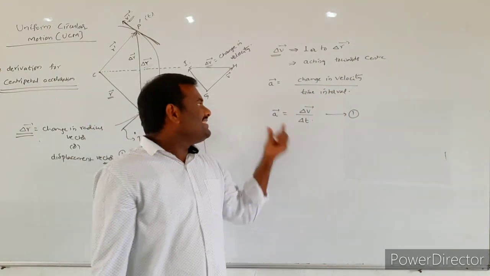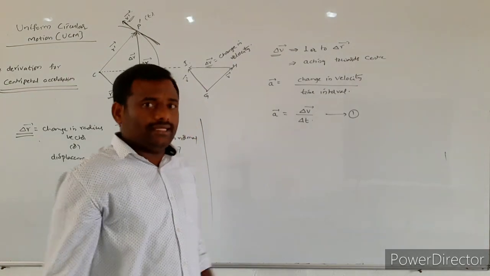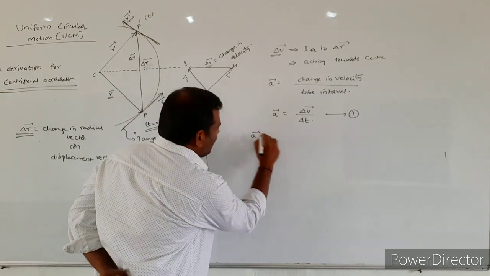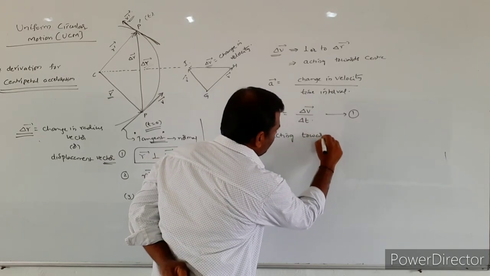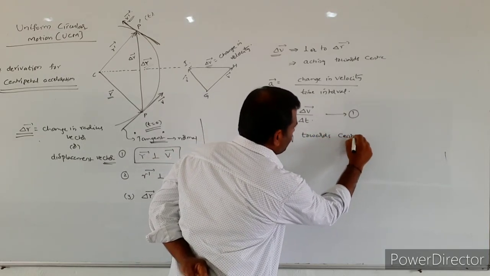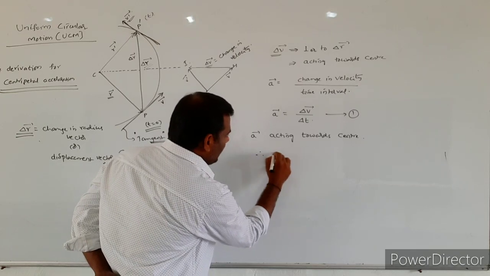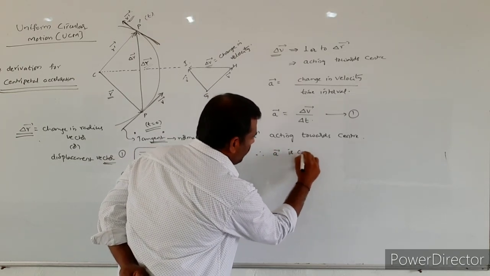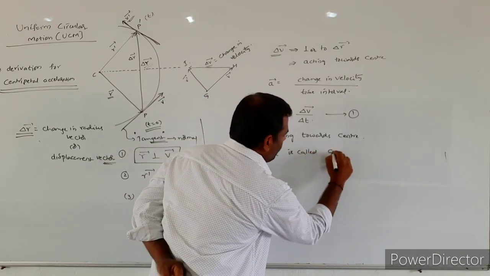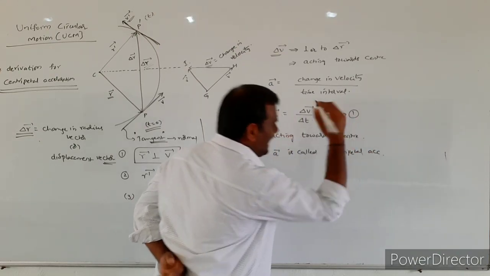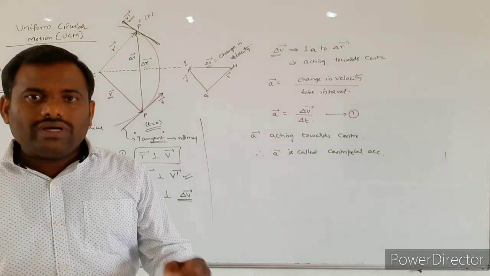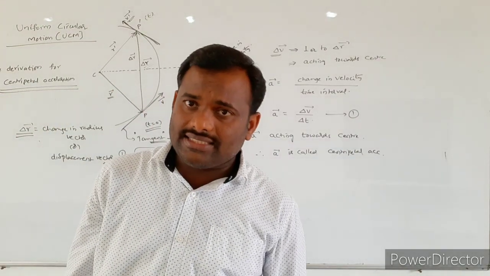And moreover, this acceleration A bar will be acting towards the center, so this acceleration is called centripetal acceleration. So what is the definition of the centripetal acceleration?